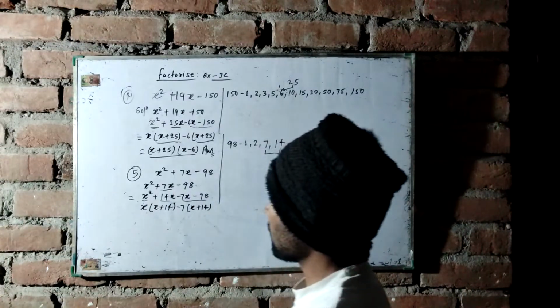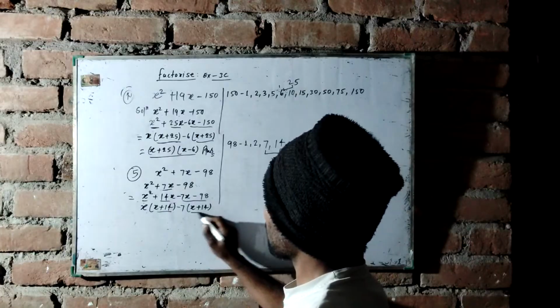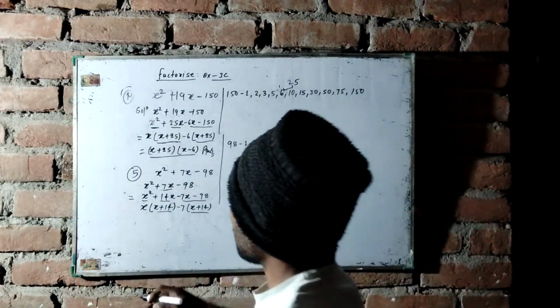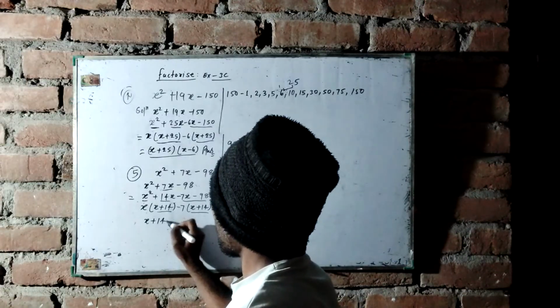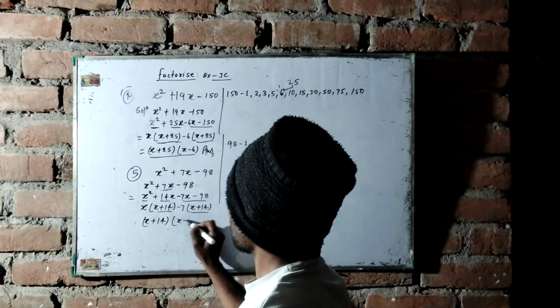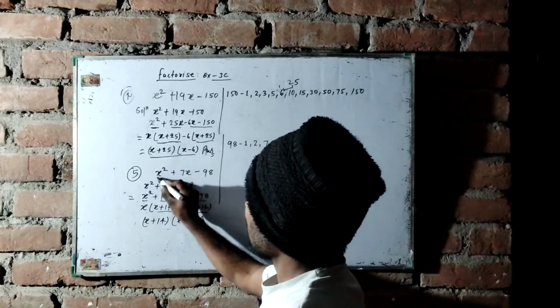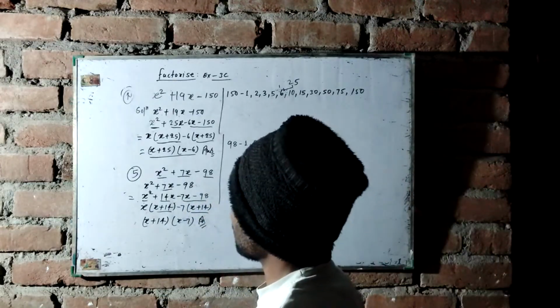Now we can see here x plus 14 is present in both terms, so we can take common x plus 14, and we can write as a multiple x minus 7. This is the required factors of x square plus 7x minus 98.